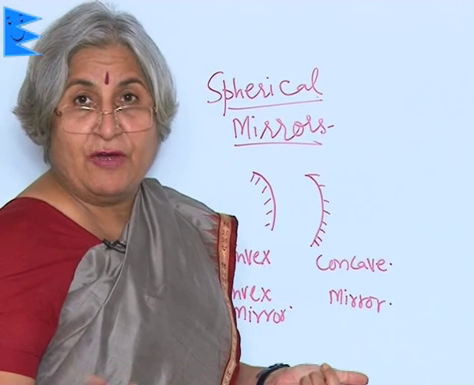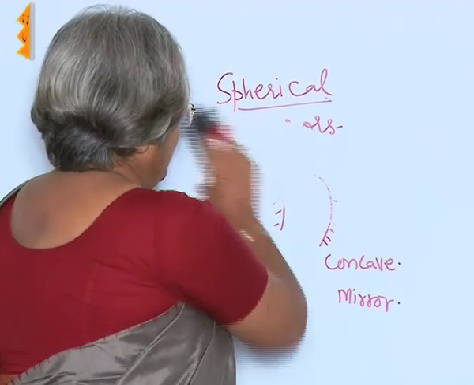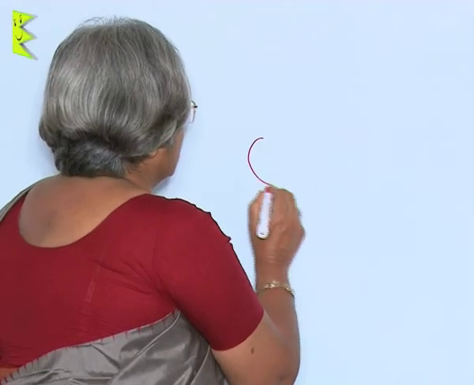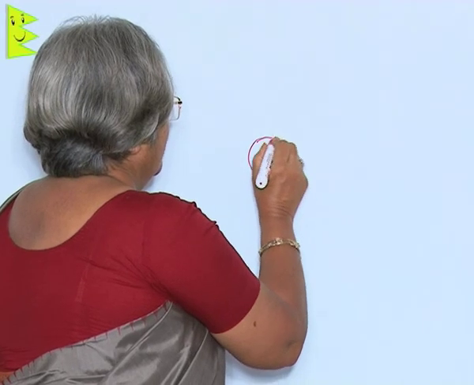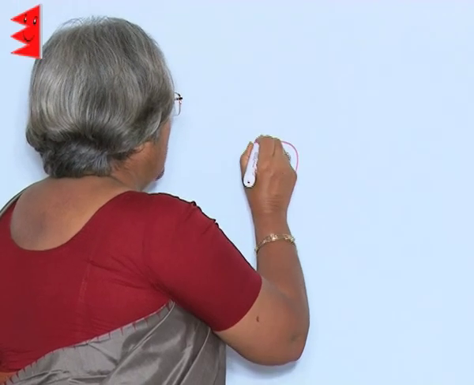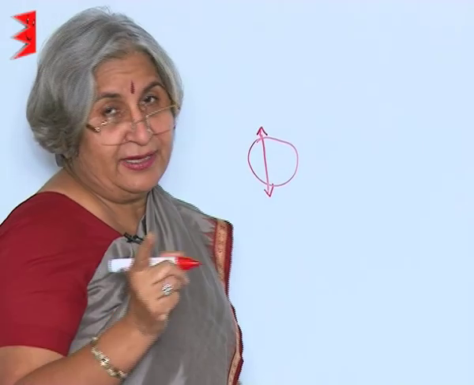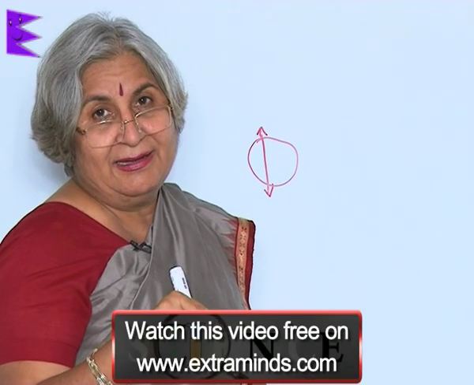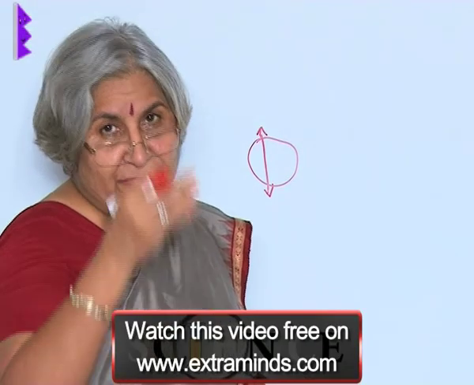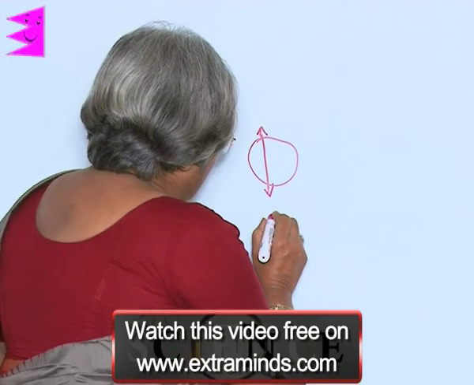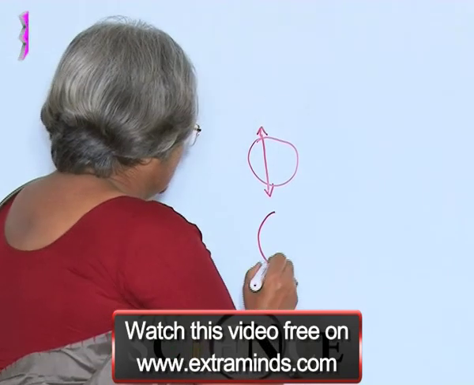Now, how are they formed and how do they look like this? Take a rubber ball and cut it into two parts with the help of a sharp knife. Again, you will need another person for help. Now, when you cut it, you find you get a part somewhat like this.